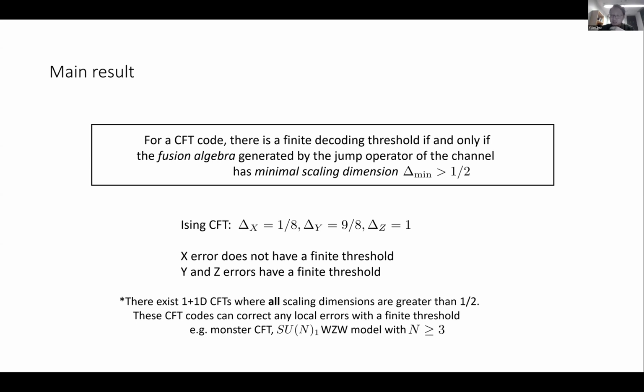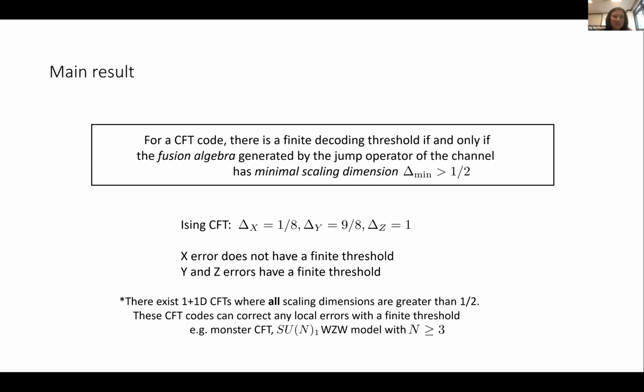I think that is what you said, right? Because delta larger than 1/2 is basically an irrelevant perturbation, and if you tune the irrelevant perturbation too large, you could destroy the irrelevance. You could make it relevant somehow. So in that case, you do have a finite threshold, but the threshold is smaller than 1. Okay. Thank you.